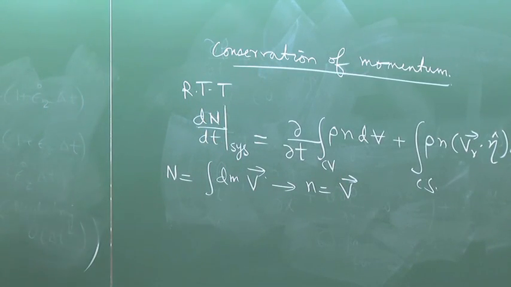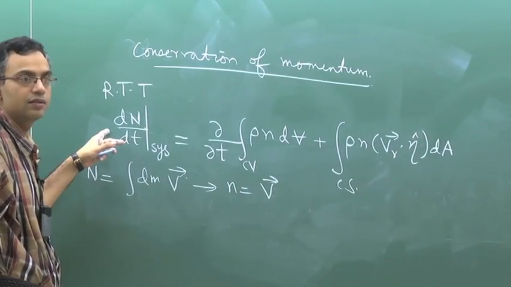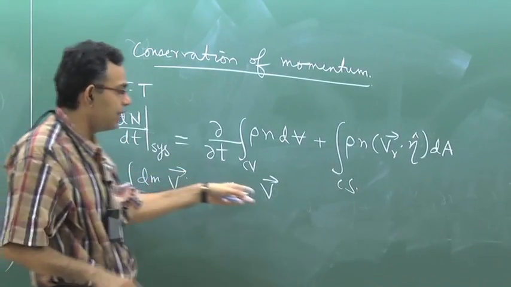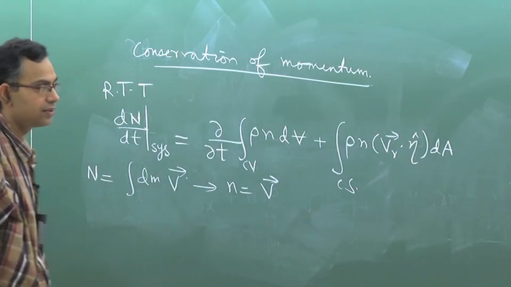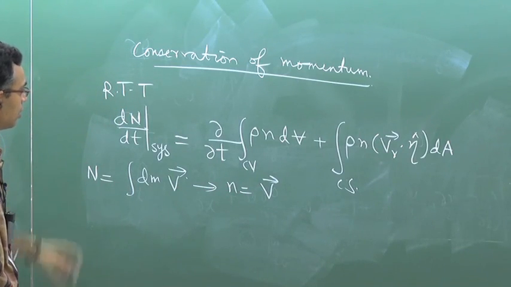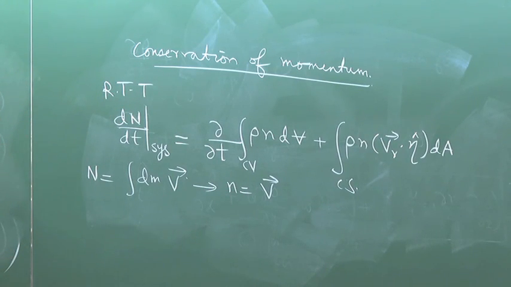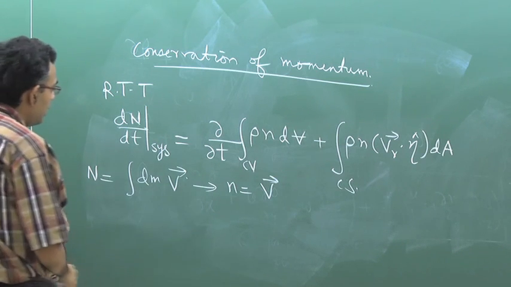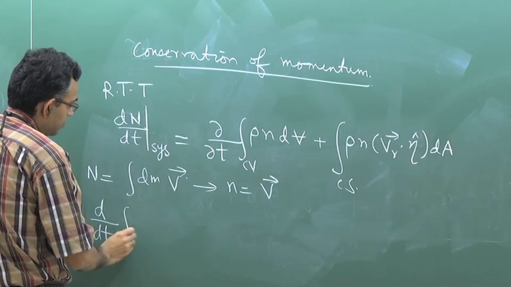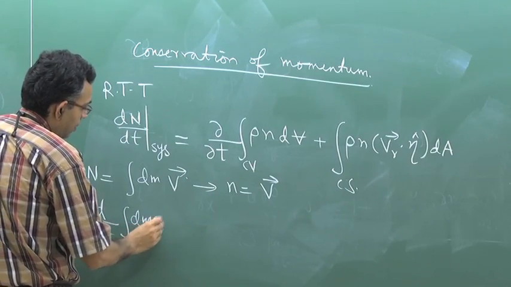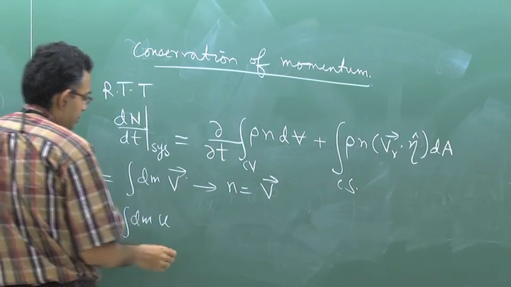So you can see that this becomes a vector equation because this v will have its own components. So let us write the different components of the vector equation. Let us write the x component.